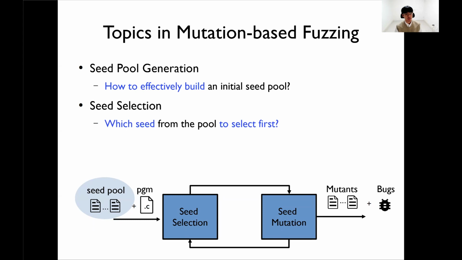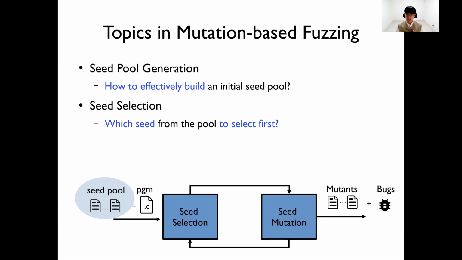The second important topic is about seed selection. A mutation-based fuzzer like AFL usually takes a seed pool which consists of 100 or 10,000 valid seed inputs. Moreover, AFL continuously adds interesting inputs into the seed pool during the testing.